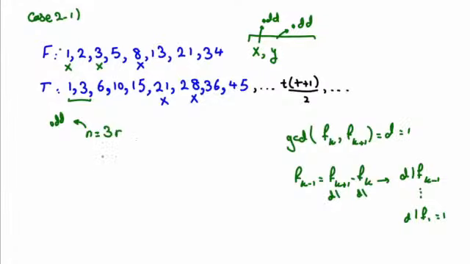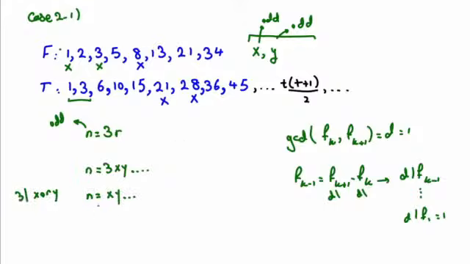So n is a multiple of xy. And we know one of them is not a multiple of 3. So if both of them are not multiples of 3, n is 3xy times something. If, for example, 3 divides x or y, we know n is xy times something.